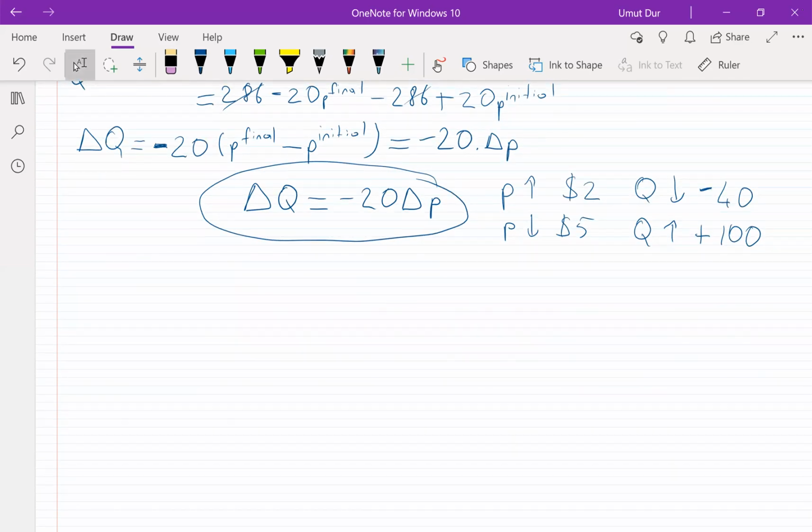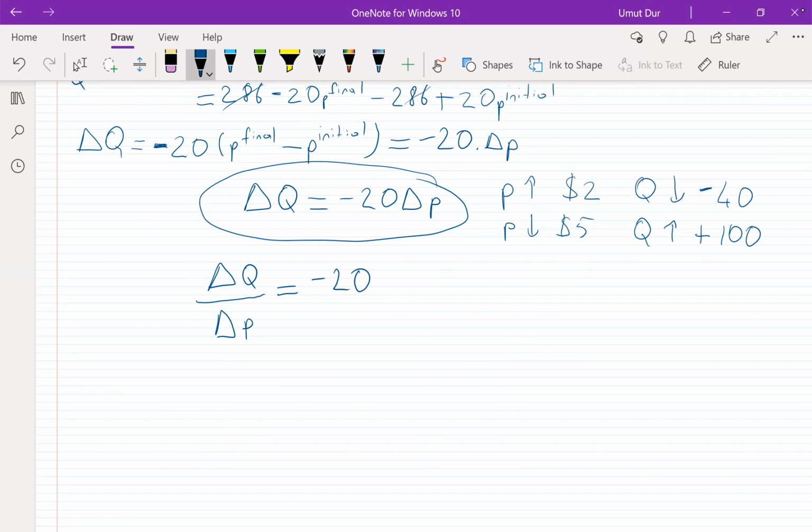Now let's continue. Let's do more math here. If I take this delta P to the left hand side, which means I divide the left hand side and the right hand side by delta P, then delta Q over delta P will be minus 20.